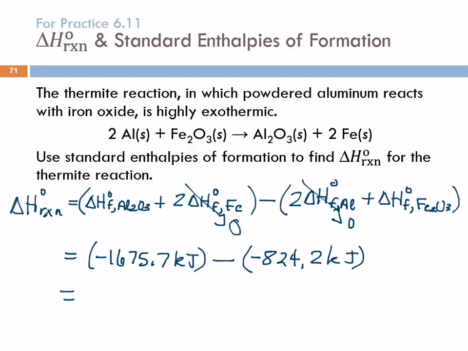Now be careful with your minus signs when you do that on your calculator. Negative 1675.7 minus negative 824.2 is minus 851.5 kilojoules.